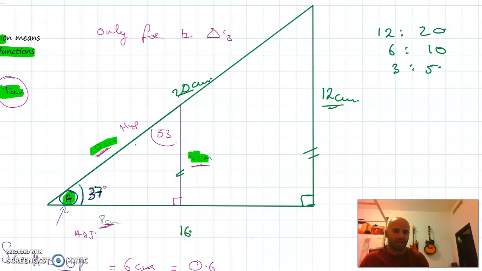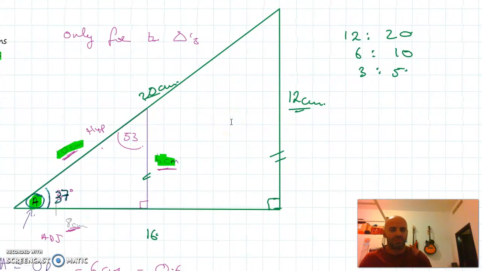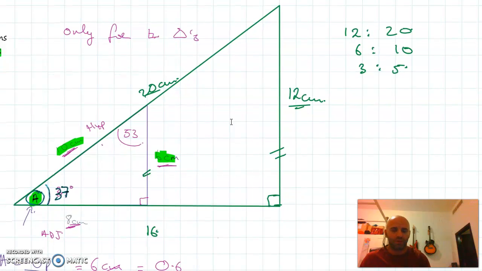It just means that I have to have 37 degrees in that corner, no matter what. So even if the triangle becomes absolutely huge, way bigger, if it was 1200 as the side opposite is to 2000, it would still have an angle of 37 degrees in the left hand corner.